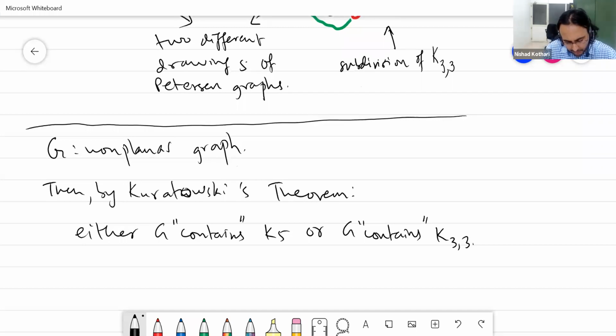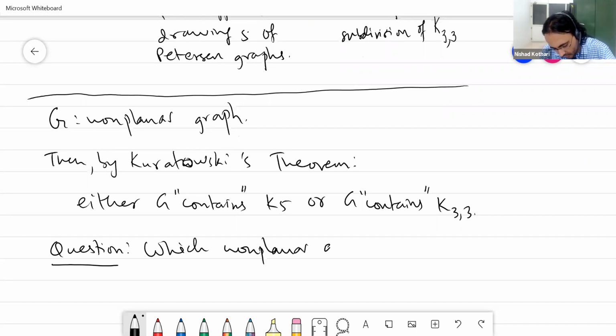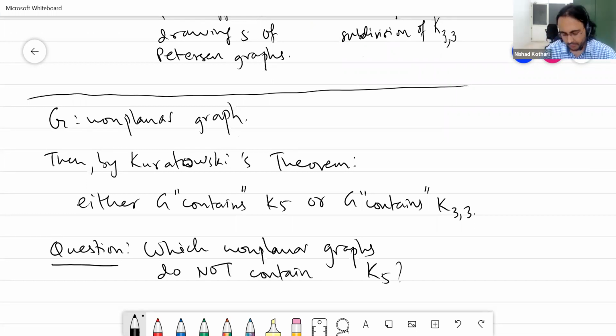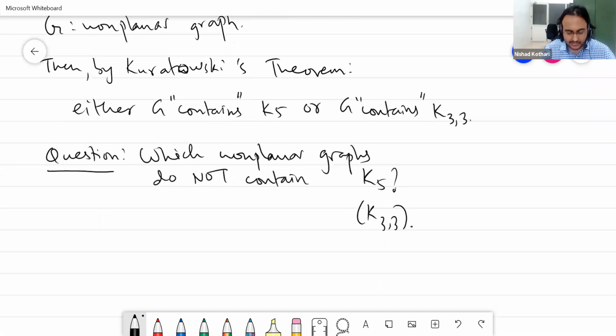And now you could ask the following question. Which non-planar graphs do not contain K5? And you can ask the same question for K33. These questions have been asked and they have been answered very well.